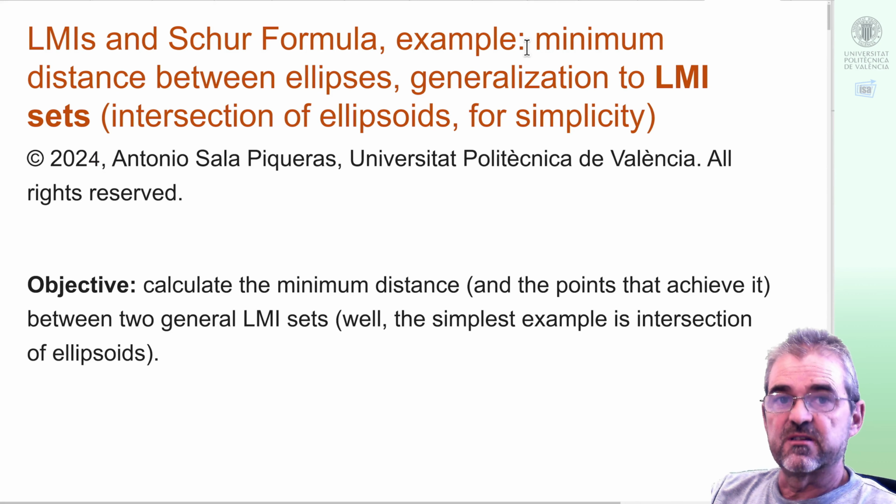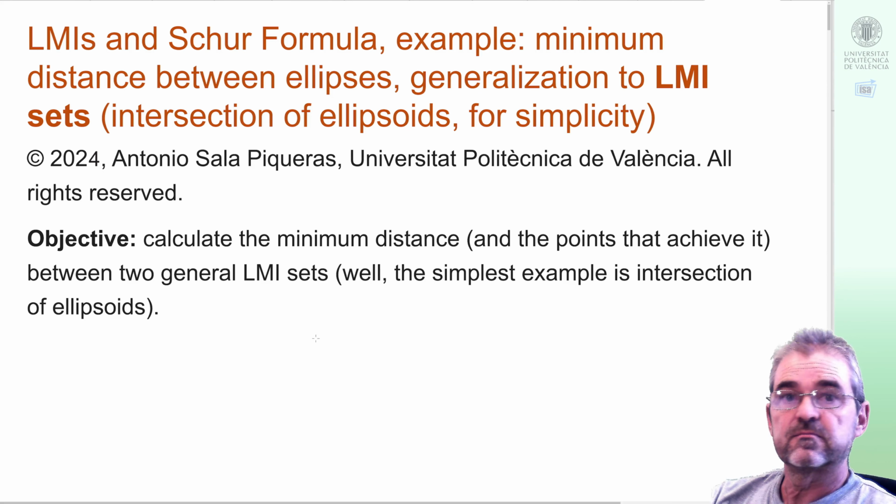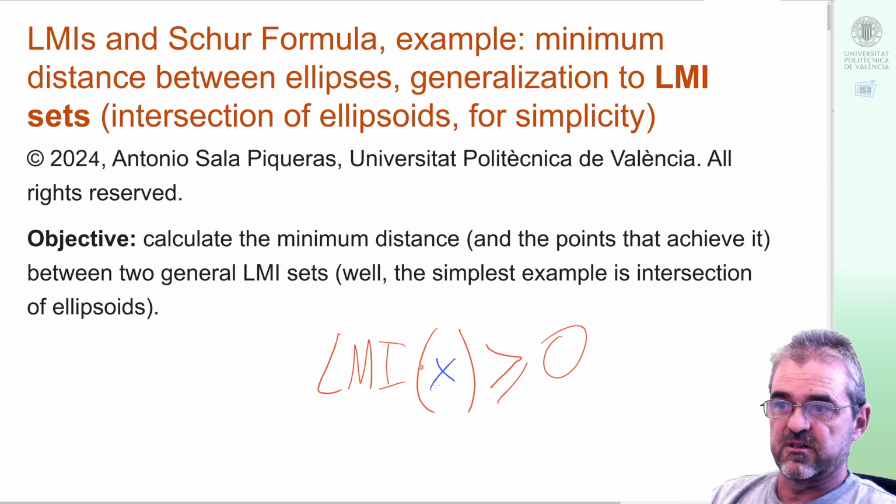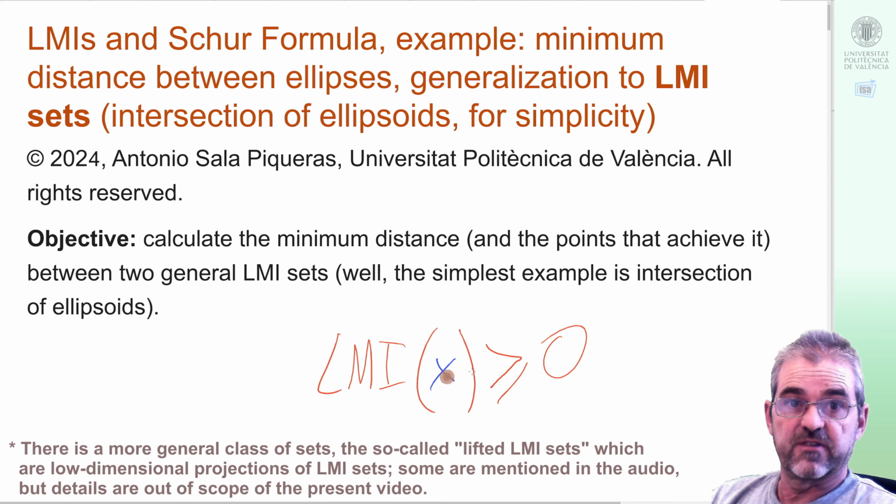Okay, for simplicity we will use the distance between intersections of ellipsoids, but an LMI set is in general any set that can be described with a certain linear matrix inequality that depends on the decision variable x.